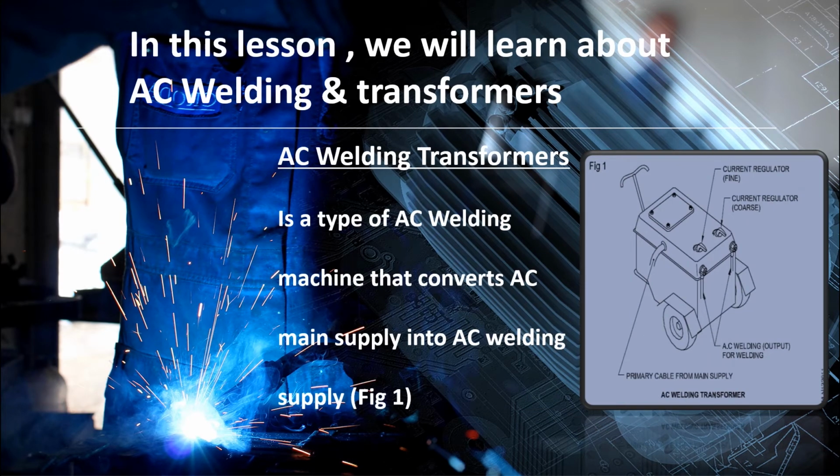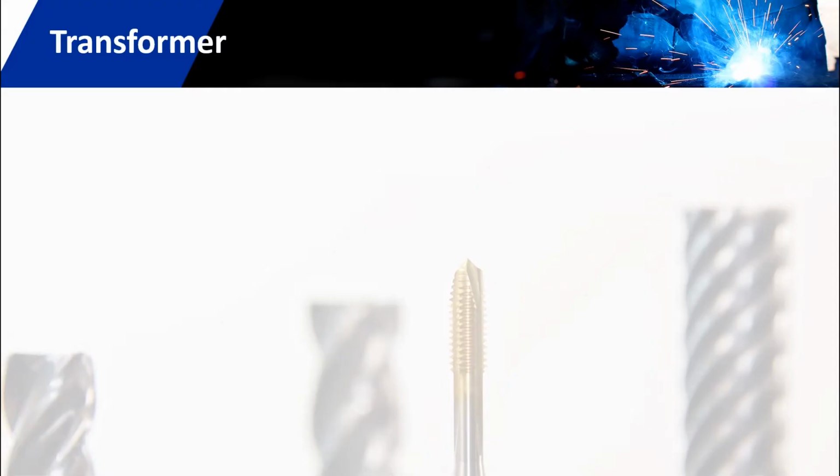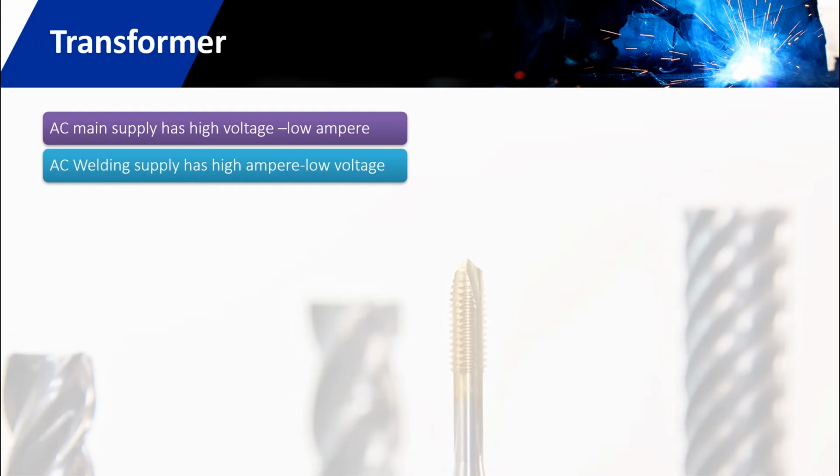An AC welding transformer is a type of AC welding machine that converts AC main supply into AC welding supply. The AC main supply has high voltage and low ampere, but for AC welding supply we need high ampere and low voltage.